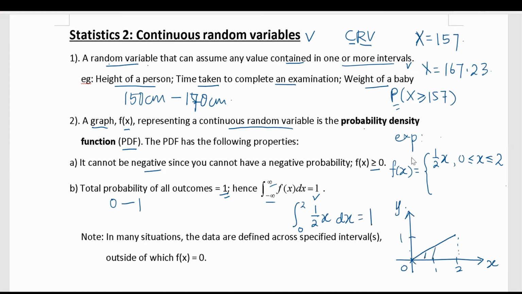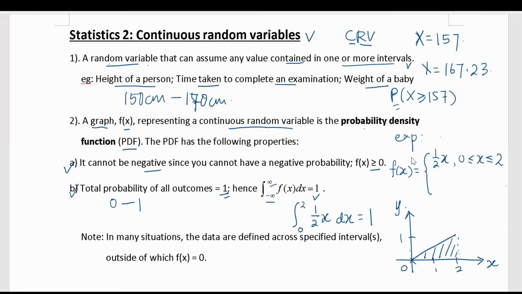The area under the function gives you the probability and hence the total area equals 1. So these are the important properties of the PDF.